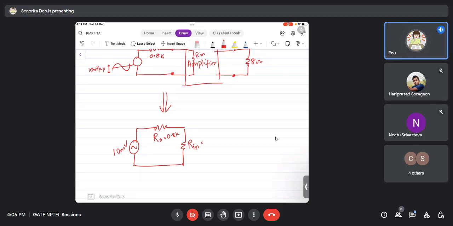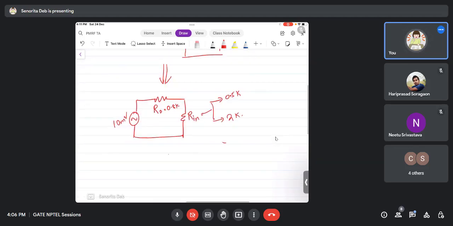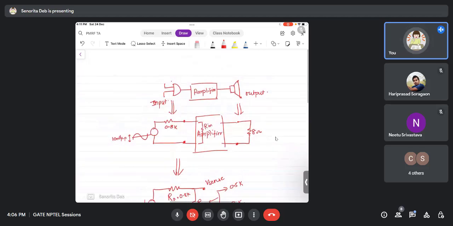Now Rin was given in two cases. Case 1 where it is 0.5k, case 2 where it is 2k. Now if you try to find out, see what happens. Okay, so now you will see that this voltage V sense is basically the voltage that the amplifier will actually see.